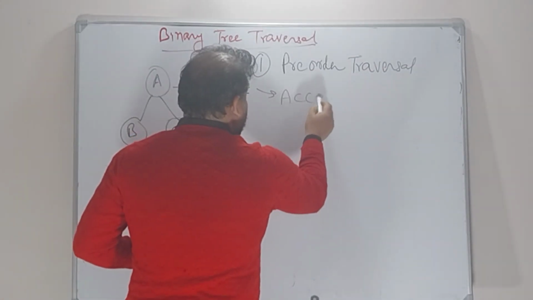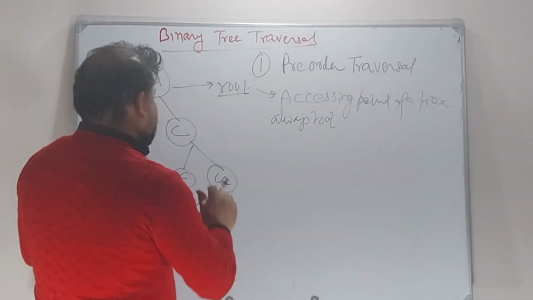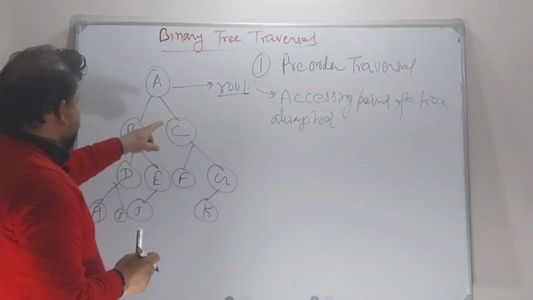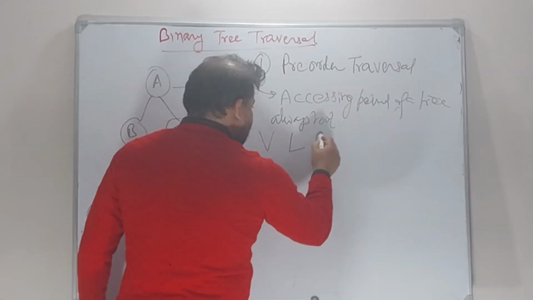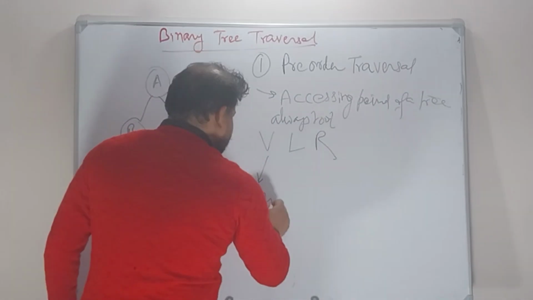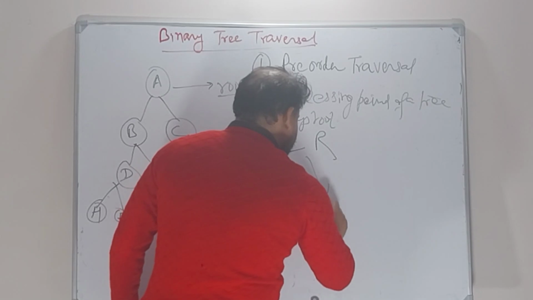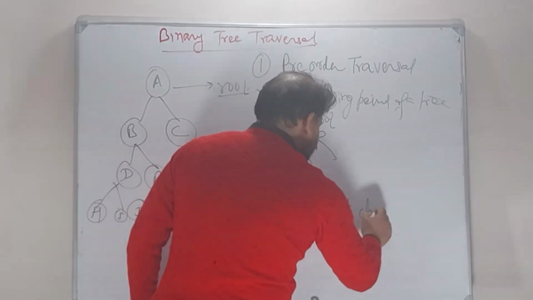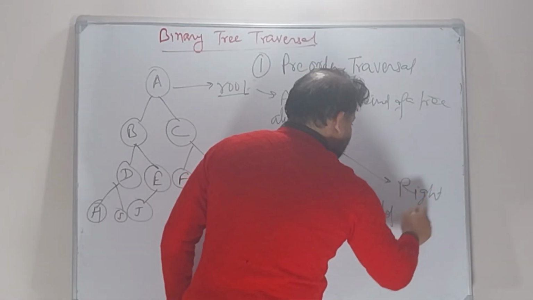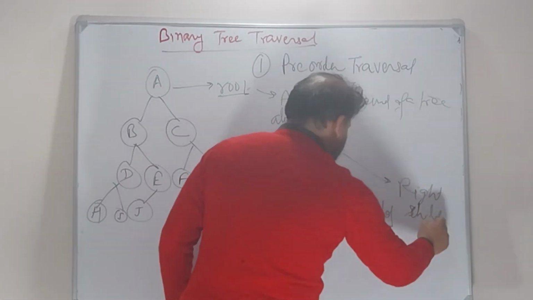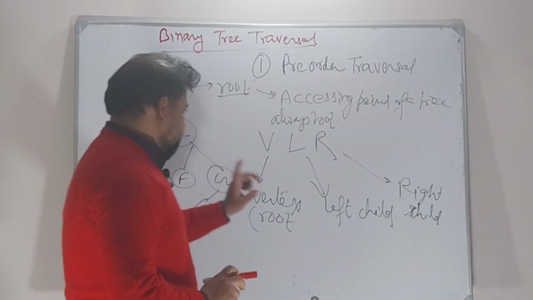In the case of pre-order, we always traverse in the order V L R. V is the vertex, or you can say the root, L is the left child, and R is the right child. Or you can also say root, left subtree, right subtree.